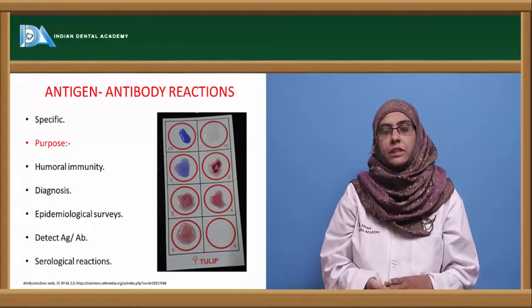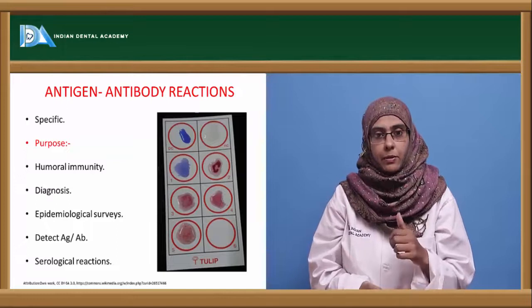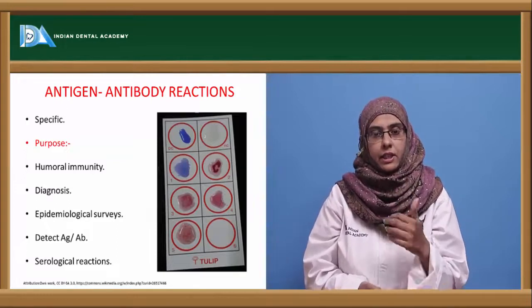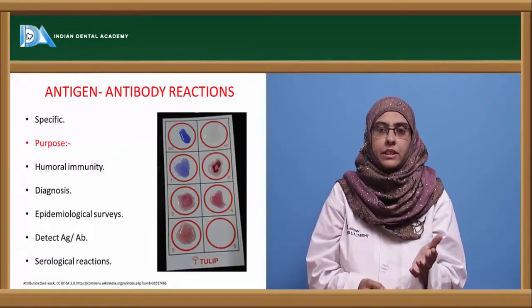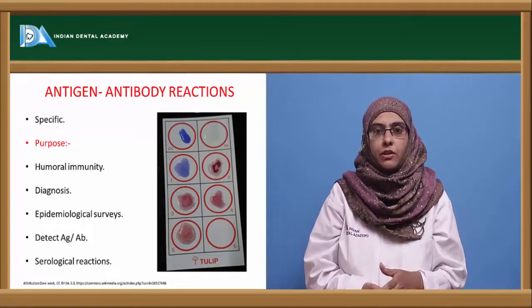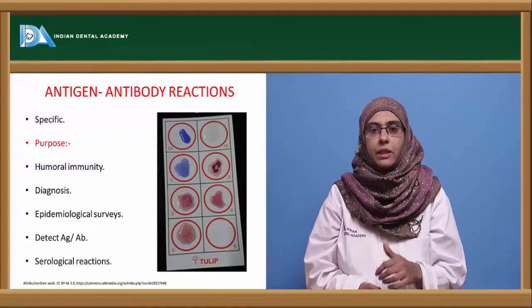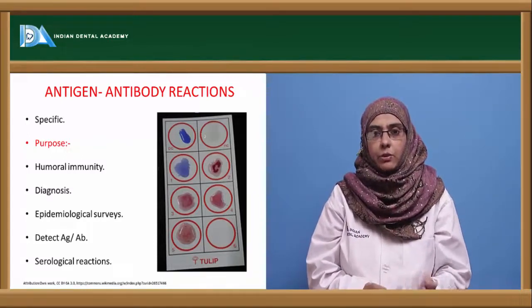The purpose of this antigen antibody reaction serves a lot of things for us, because it usually takes place in vivo in the human body. When the antigen enters, it induces a humoral immune response, that is, the antibodies are produced. Antibody mediated immunity is called humoral immunity.